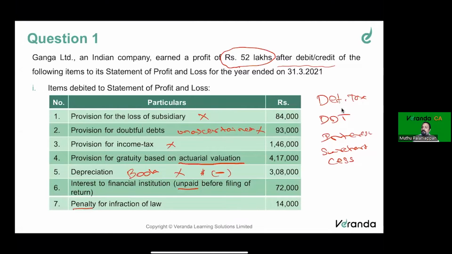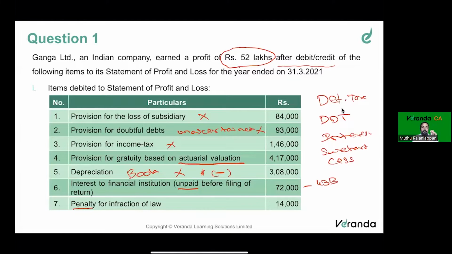The next line item is interest to financial institution. When you say interest to financial institution, we said section 43B. Section 43B says certain expenditure is only allowed on payment basis.